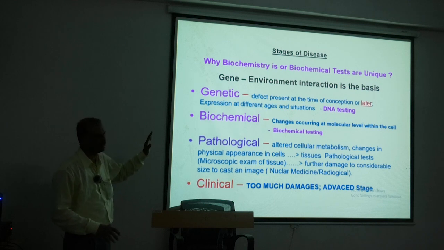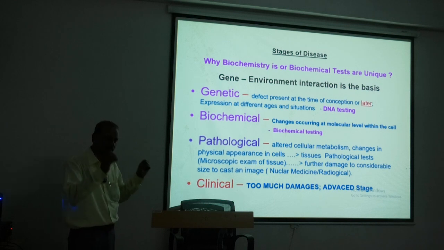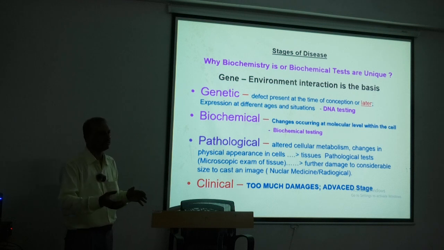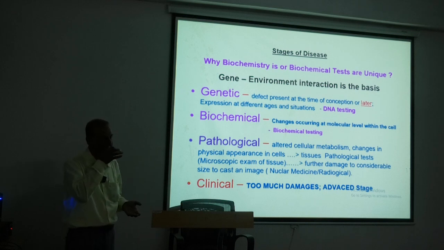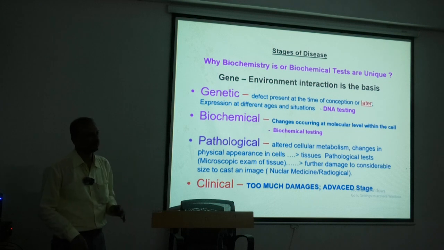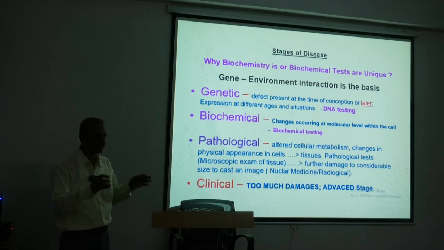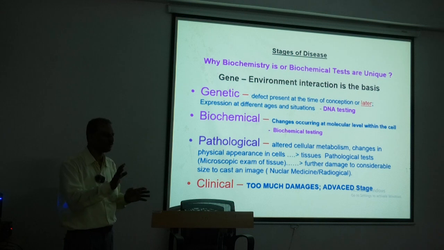The first is genetic defect. A genetic defect might occur at birth or it might be acquired later after birth. There might be some chemical exposure, or radiation exposure. If somebody gets exposed continuously to radiation, obviously DNA damage will occur, and that person is going to suffer from some kind of genetic disorder, and most commonly cancer occurs due to exposure.